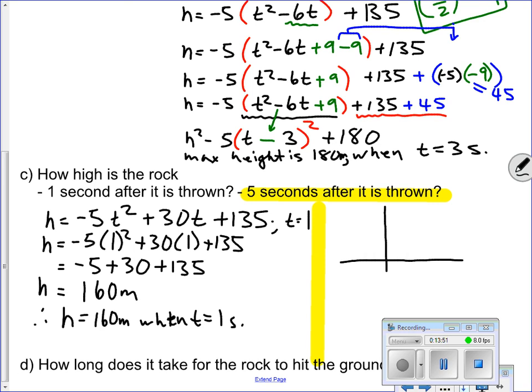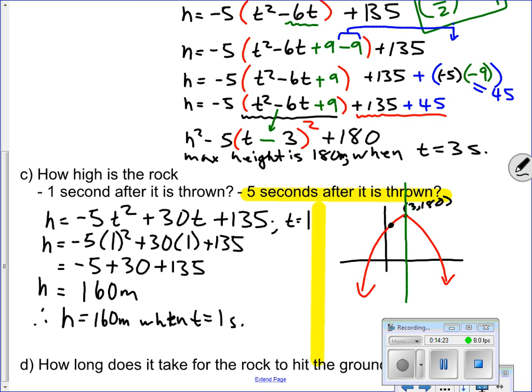Your parabola has a vertex at 3, 180. Now, your parabola, based on our a value, is opening down. You know its axis of symmetry is here. You know that one of the points was at 1. So at t is 1, there's our first point.